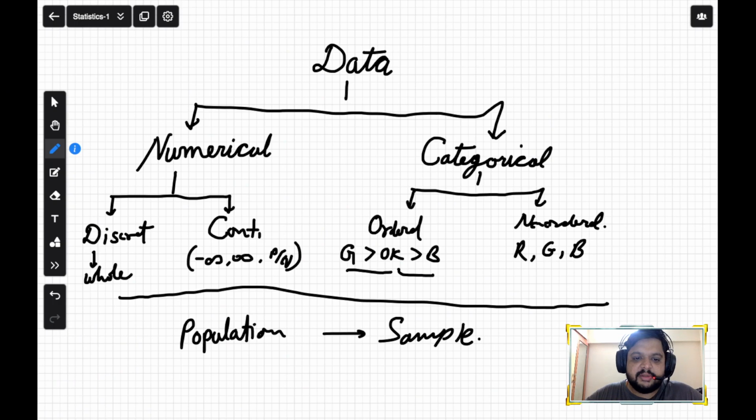Similarly, if we talk about the count, suppose we are talking about the heights in centimeters for every boy candidate or every girl candidate, that can be done. Similarly, if we go for the non-ordinal, we can find out for each and every family how many male kids they have and how many female kids they have.